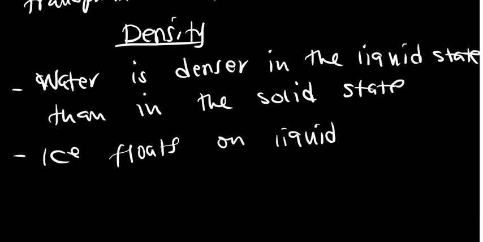Ice is able to float on the liquid water, and this is why you find fish in cold water, like in the seas, and they are not dying. It's because this ice is floating on liquid water. So when you go down below the surface, you find that water is still in the liquid state. Some other molecules are denser in the solid state than in the liquid, but for water, it's a different case. That's why it has a unique property.